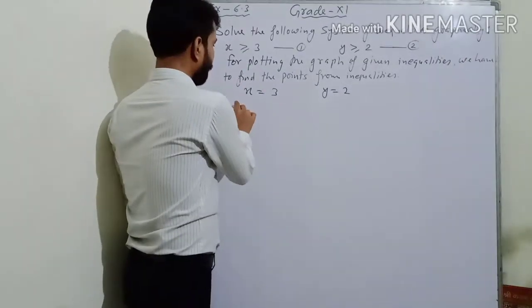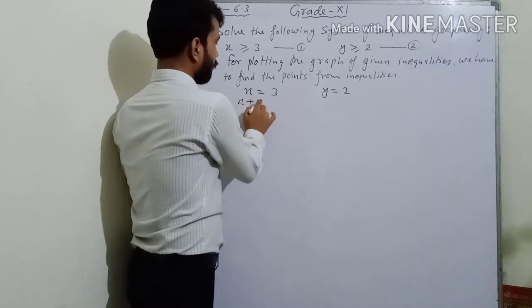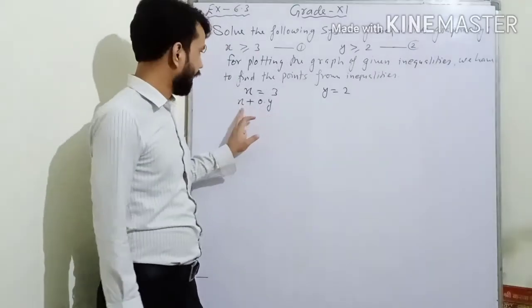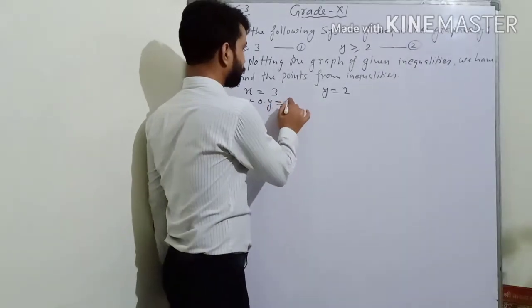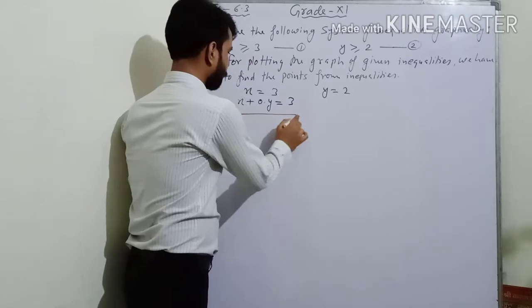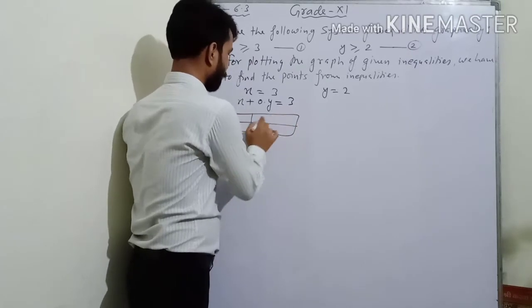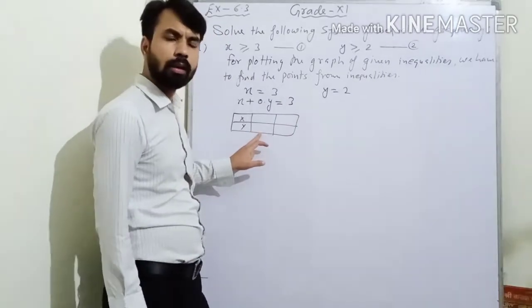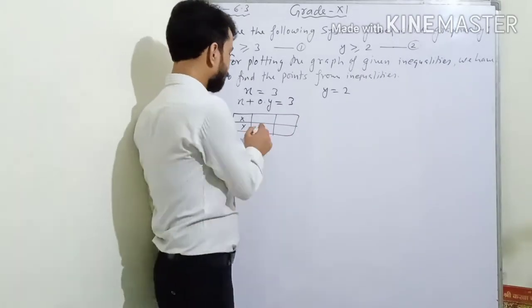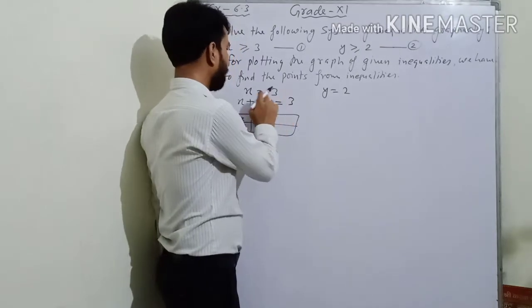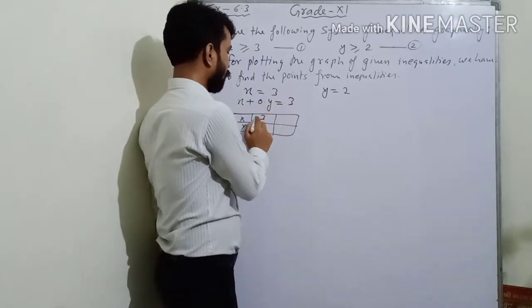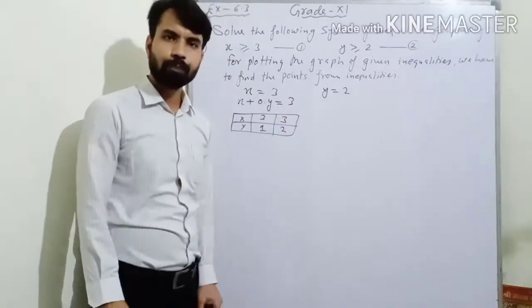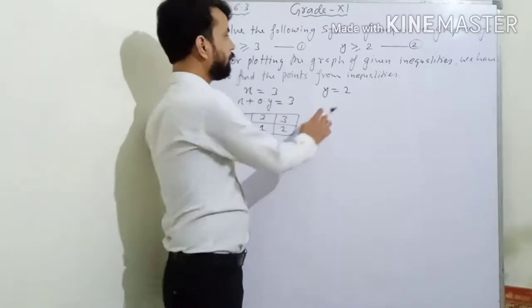Or if it is not clear, then you can write it, because y is missing, so we have to write 0 into y, x plus 0 into y equals to 3. Now find the point x and y. Here we will have to put the different values of y. I am considering if y is 1, then x will remain 3, or if y is 2, then again x will remain 3. Understood?